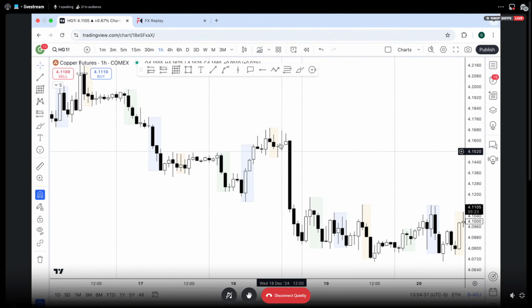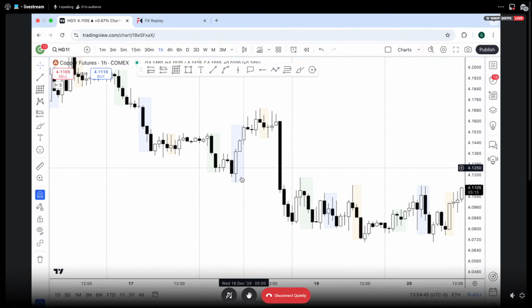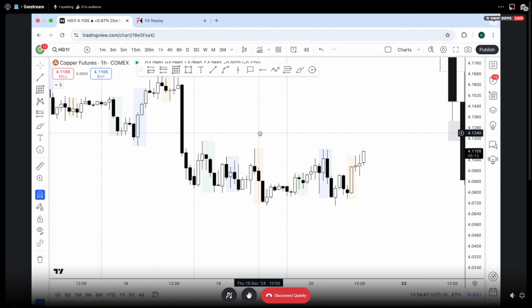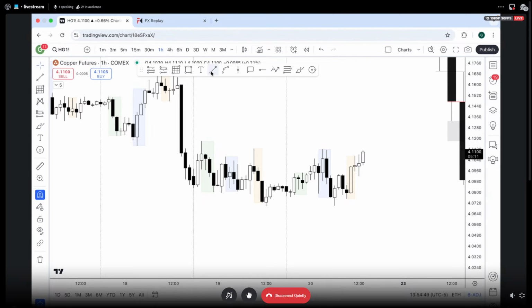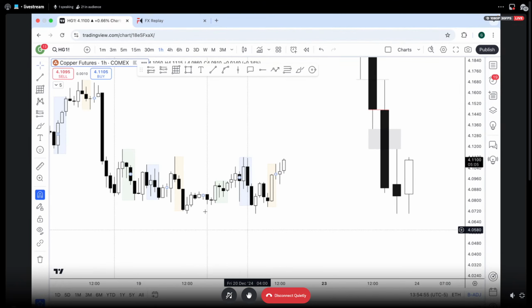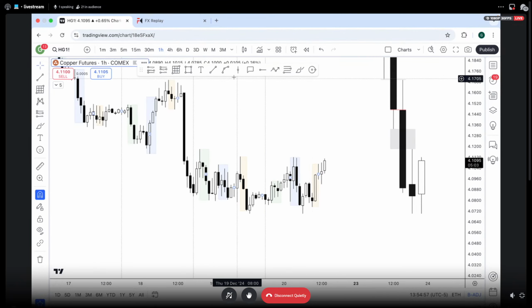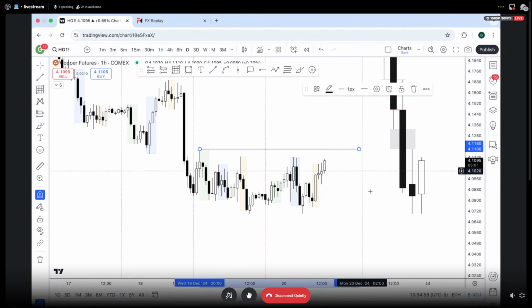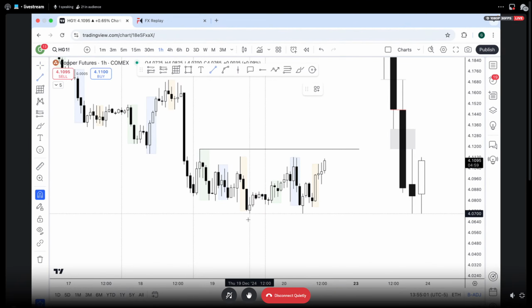Like this, yeah, it reverses New York, but it doesn't support my profile this day because of what the previous 2 sessions did. This would be valid if we swept out this high. So again, back-to-back days where I don't get a trade. Here, I don't get a trade either, right? Because if I wanted to trade to here, I would need this low to be taken in New York session, but it doesn't do it.